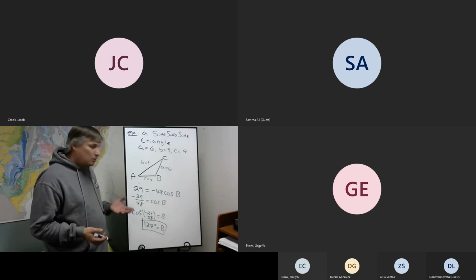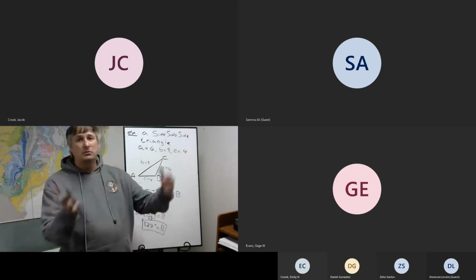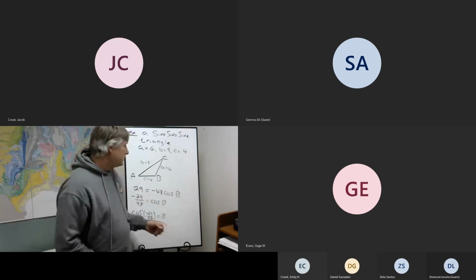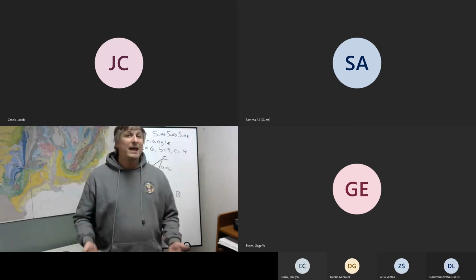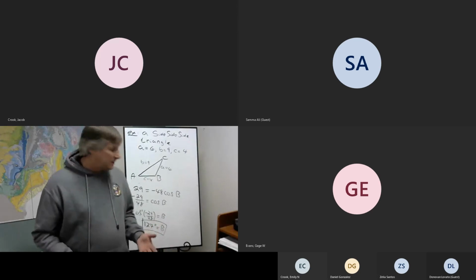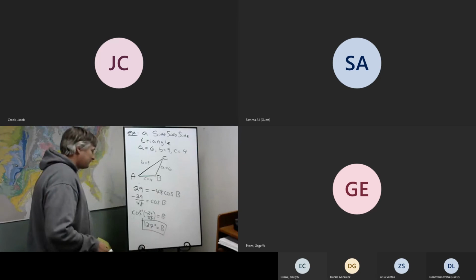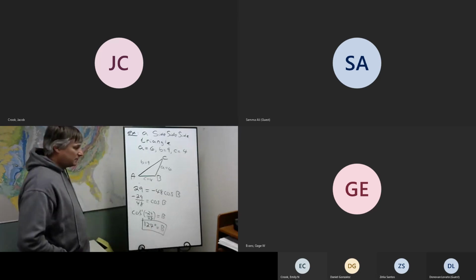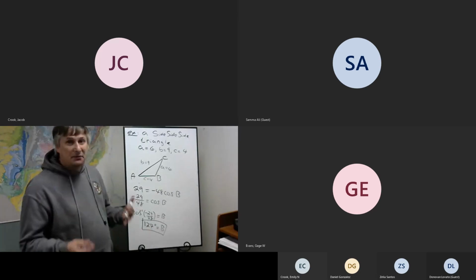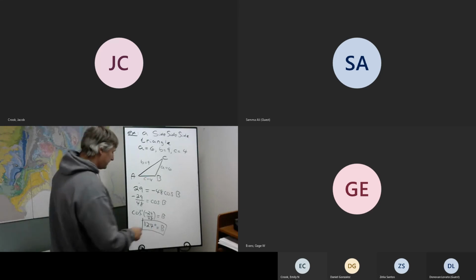Now, it's going to work out because cosine inverse gives us angles from 0 to pi. That means it'll give us acute and obtuse angles, and we need an obtuse angle here. And it turns out we get it if we take the cosine inverse. So now what you could do, if you're going to play it safe, if you will, let's see here.